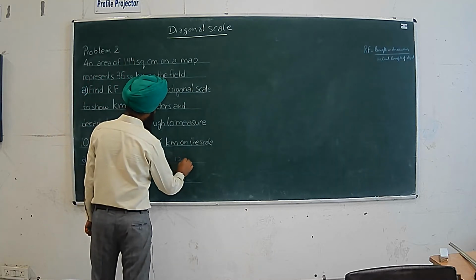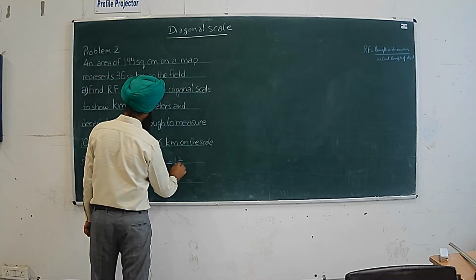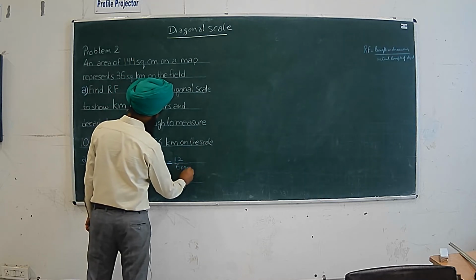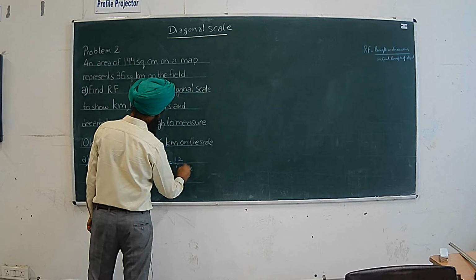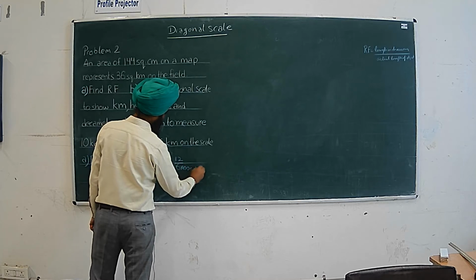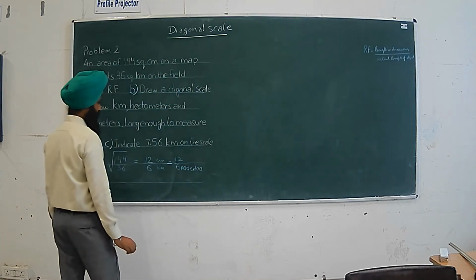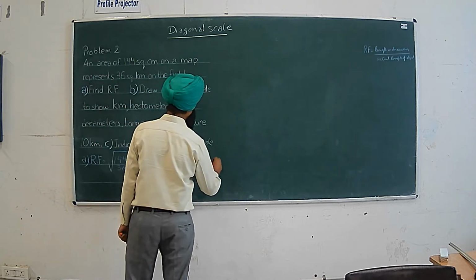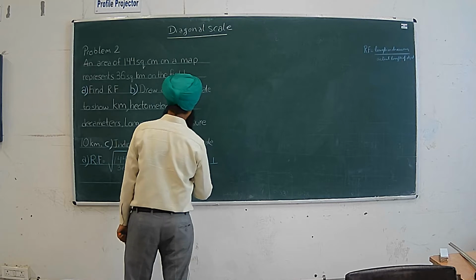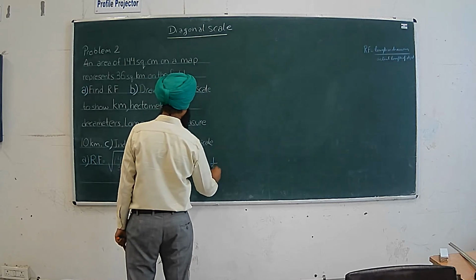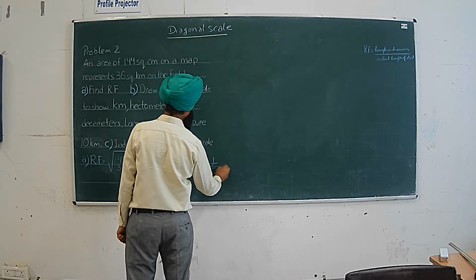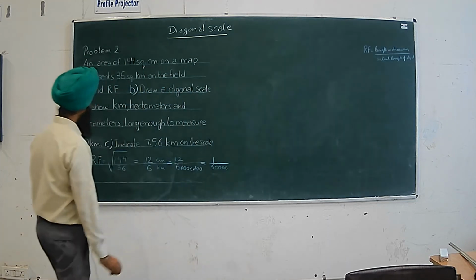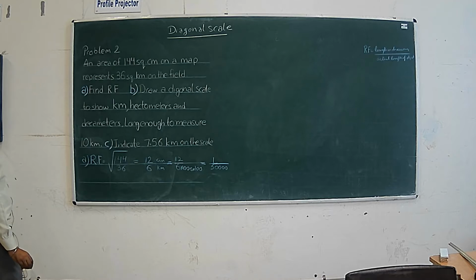So 12 upon 6,000, 6 into 1000 into 100 centimeters. Okay, so it comes out to be 1 upon 50,000. So RF comes out to be 1 upon 50,000.